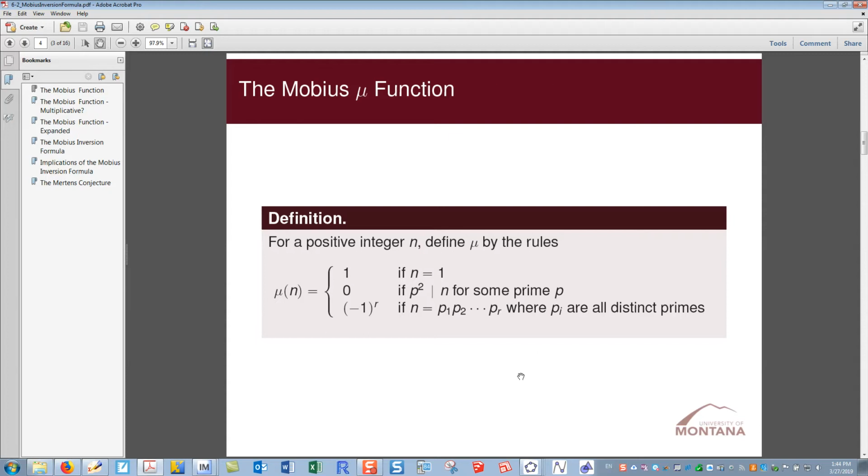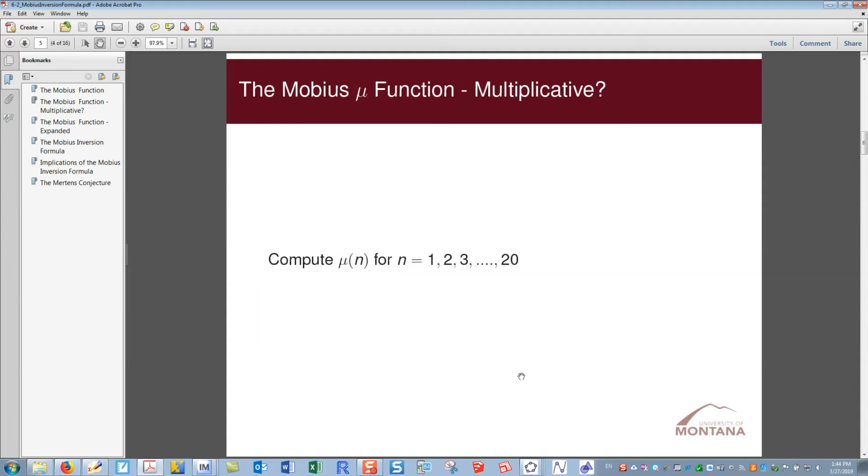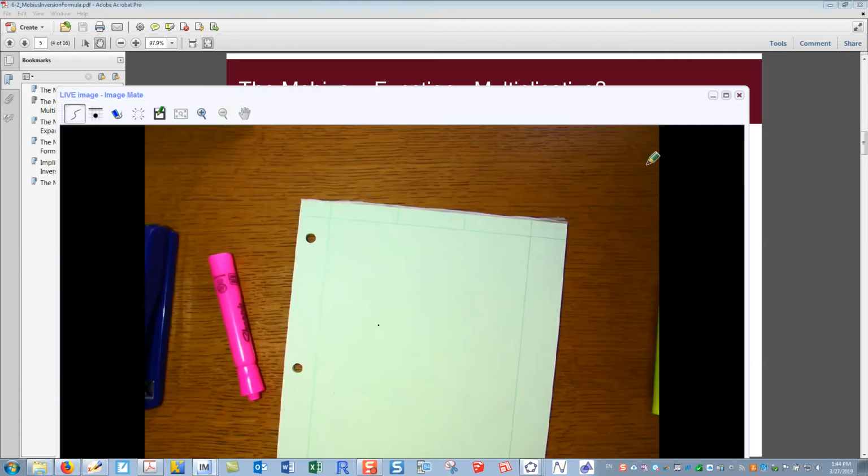Well, let's take a look at this. Let's compute mu of n for the first 20 integers. I think that gives you a good idea what's going on here.